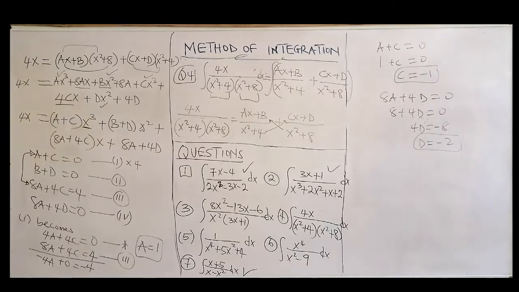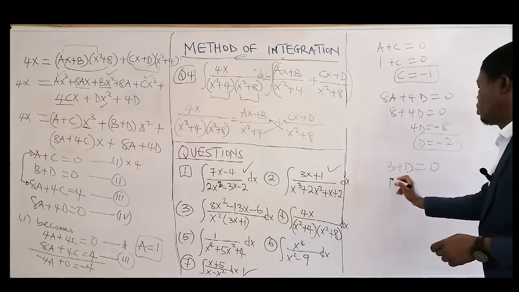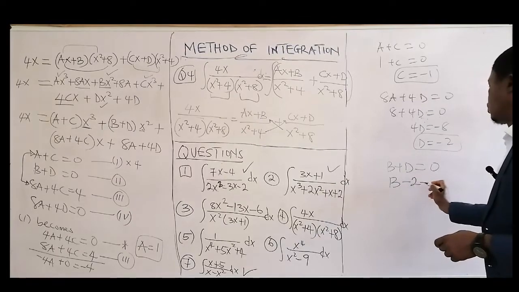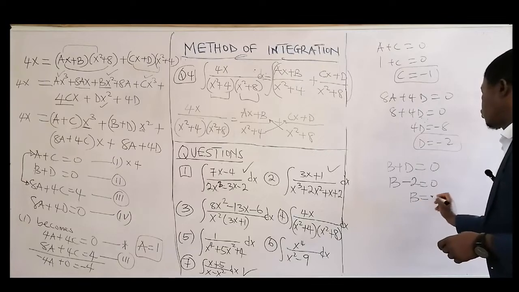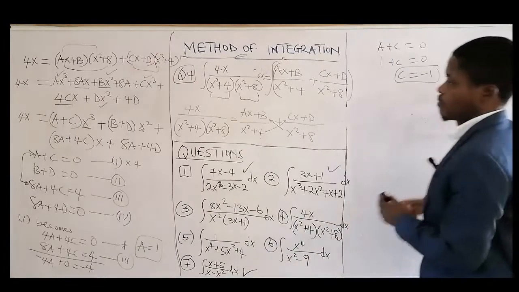If d is minus 2, we've gotten a, c and d, we need b. So where do we have b? We can go back to equation 2 and get b. B plus d is equal to 0. So b minus 2 equal to 0. B is 2. So these are the values we got.